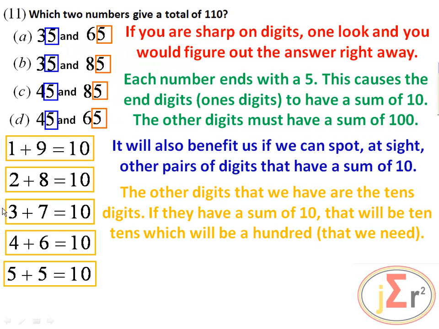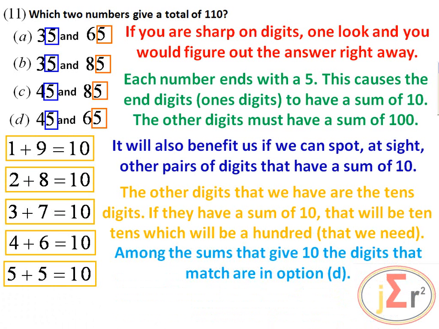But because these are the tens digits, when you add them and you get 10, 10 tens make 100. So there you will get your 100. Among the sums that give 10, the digits that match are in option D. So we are sure that option D is our correct answer.